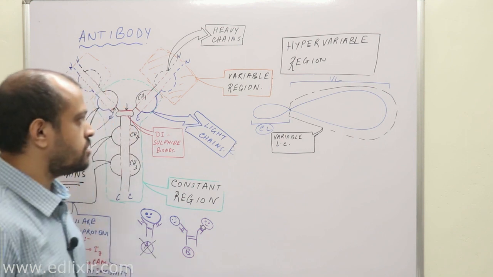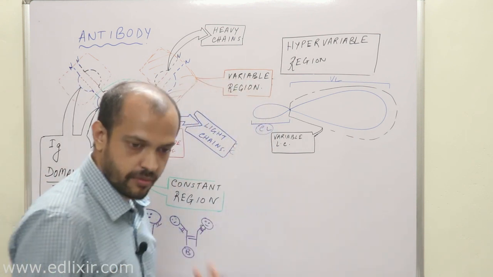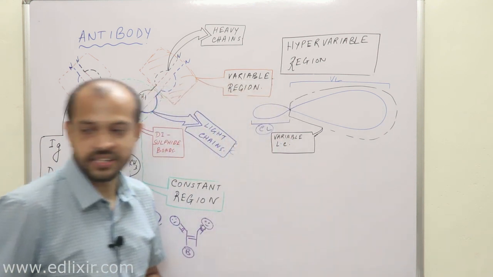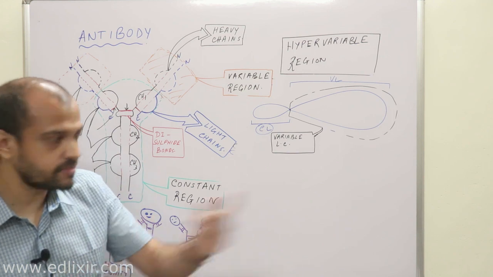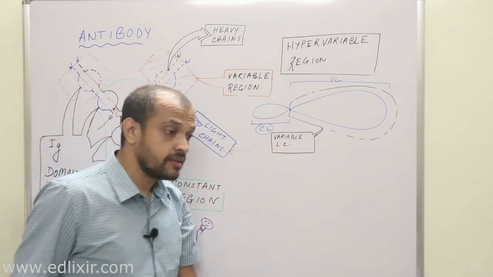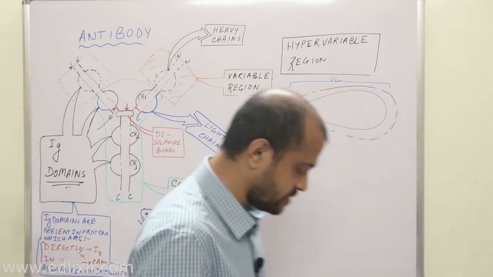A very important point we need to understand is that this variable light chain is made up of amino acids. There are actually 12 beta pleated sheets. Sorry, there are actually 9 beta pleated sheets here. Don't confuse this variable light chain with Ig domains, it has nothing to do with Ig domains.